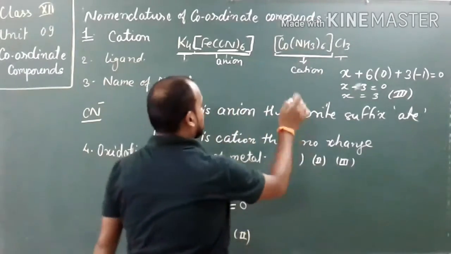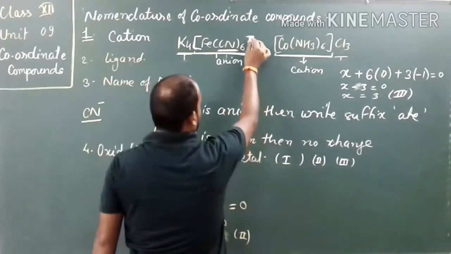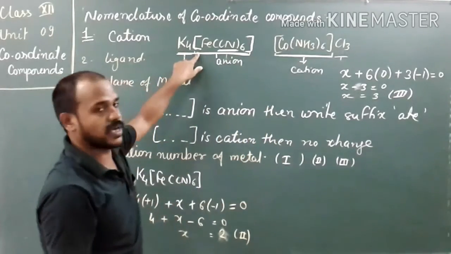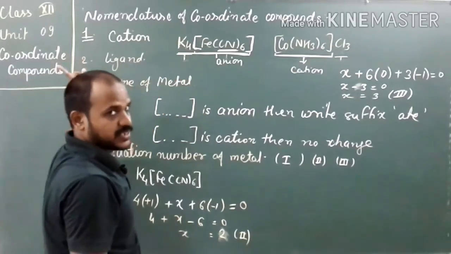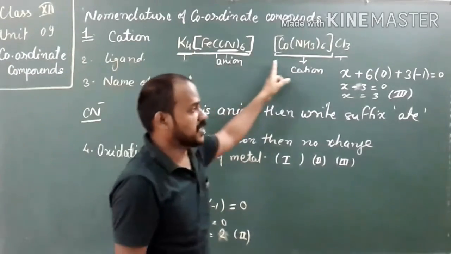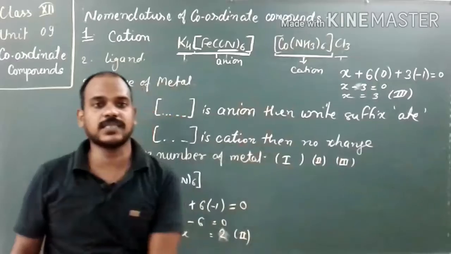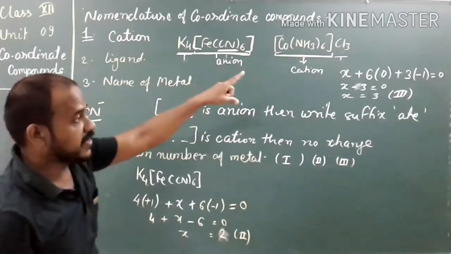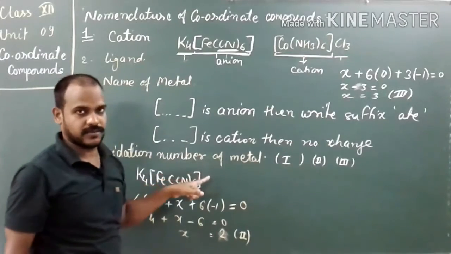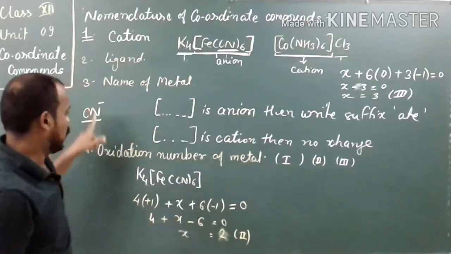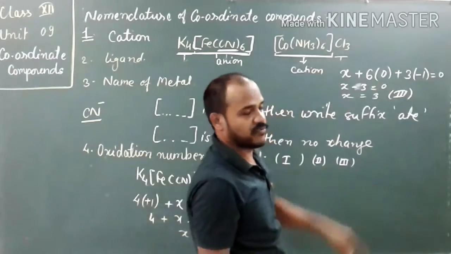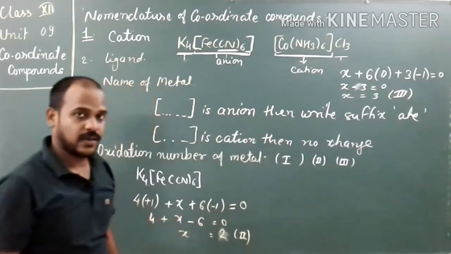After the oxidation number, remember this thing: the species which is present before a square bracket will be written first, and the species which is present after the square bracket will be written after the oxidation number. So metal, oxidation number, and after that the species which is present after the square bracket.